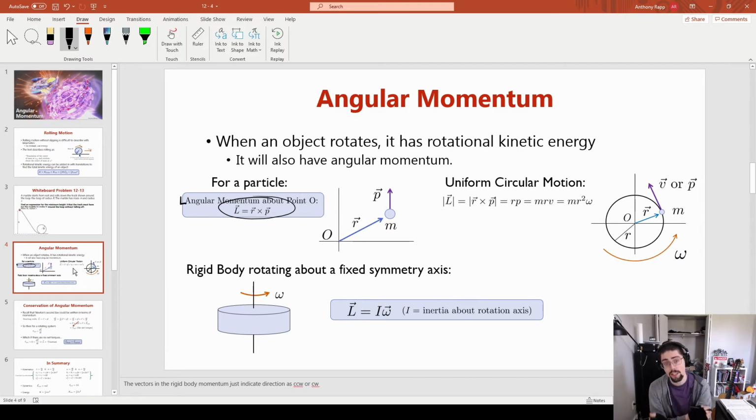If anybody was here at the beginning, when we were talking about problem 12.90, a blob of glue smacks into the bottom of a thin rod spinning around an axis. This expression for angular momentum would work fantastic for that, because it would transform a linear momentum, p, into an angular momentum. Very wonderful, very easy to use, assuming that you're converting linear into rotational.